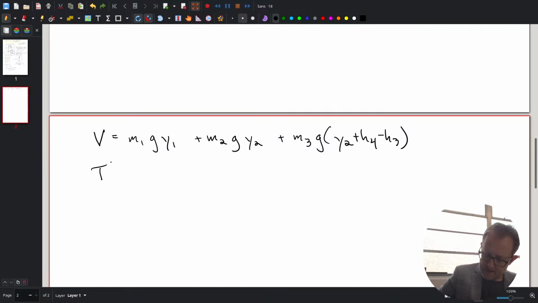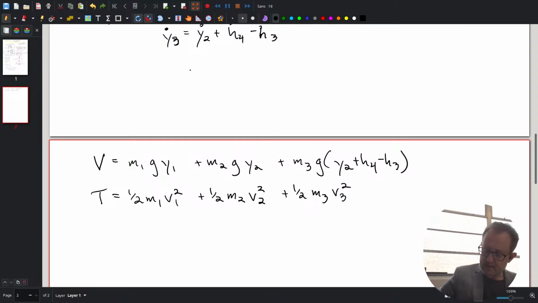And then our kinetic energy is going to be 1/2 m1 v1 squared plus 1/2 m2 v2 squared plus 1/2 m3 v3 squared. But again, I want to plug in the value of that y2 dot.